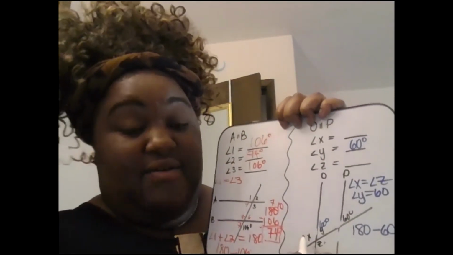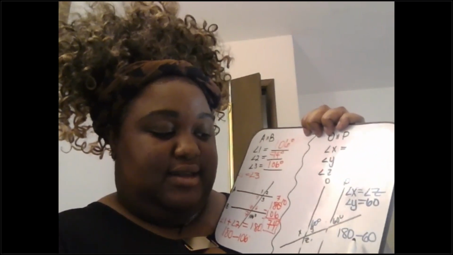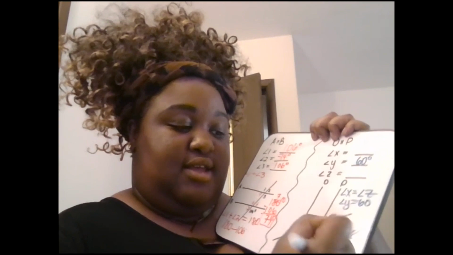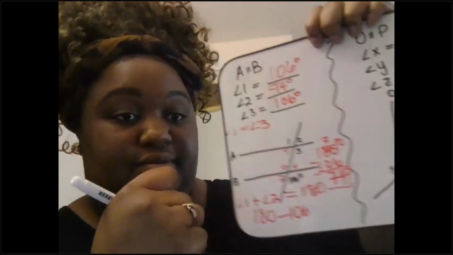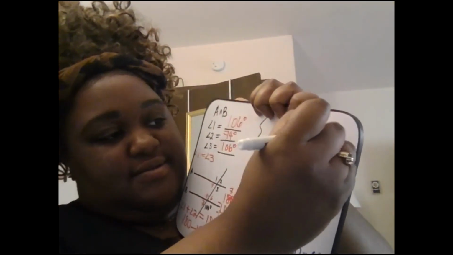And that'll give me what angle X is. So 180 minus 60 is 120 degrees. So X is 120 degrees.